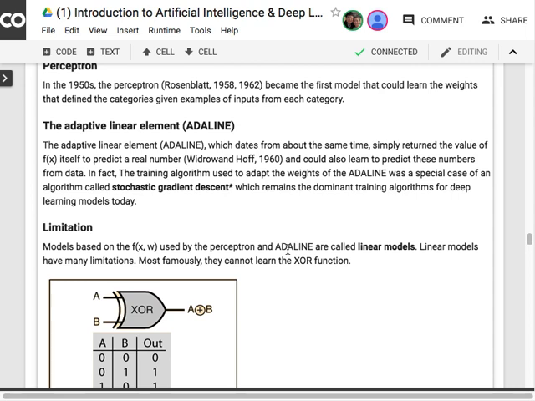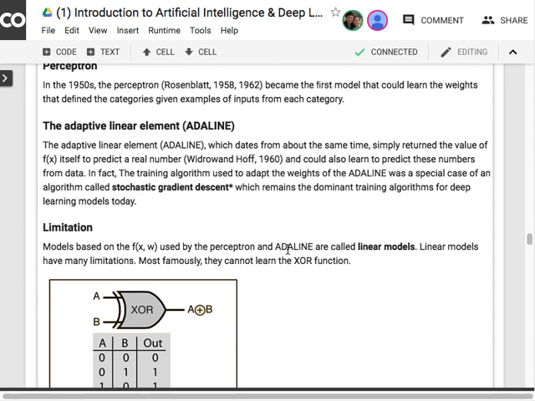They call this method the Adaline. They set the output, for example, in this part, this is the OR gate.